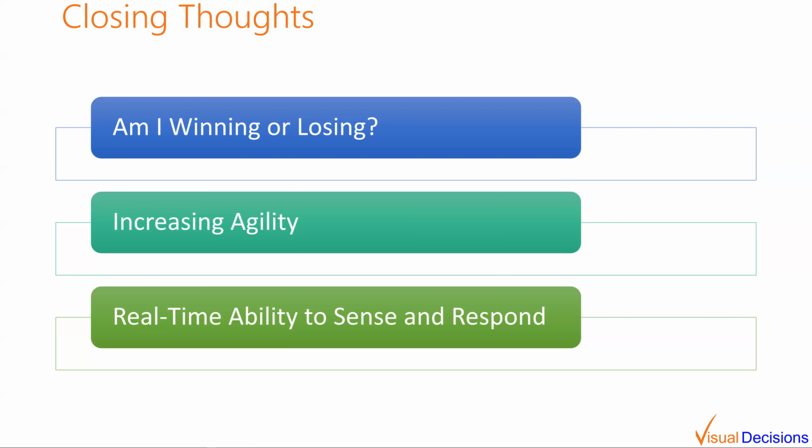Secondly, being able to increase the agility of the business and being able to sense and respond to those disruptions, to those deviations from the plan, is what we need to do in order to shift that curve, shift that trade-off between the efficiencies and the agility that is needed in today's world to be able to handle these disruptions that are happening in real time.